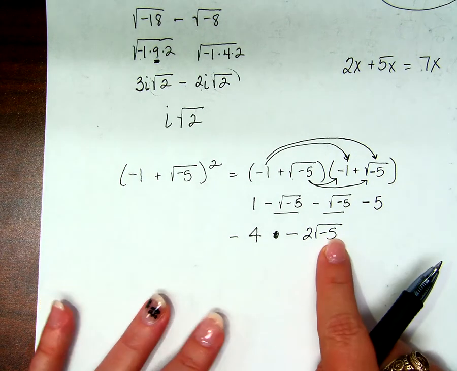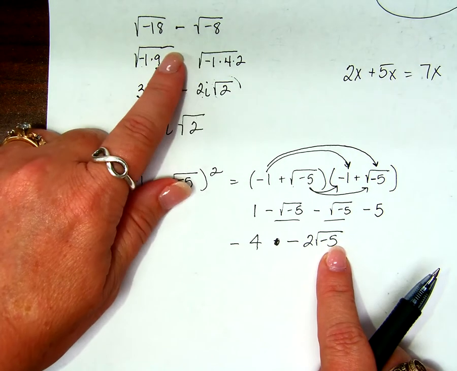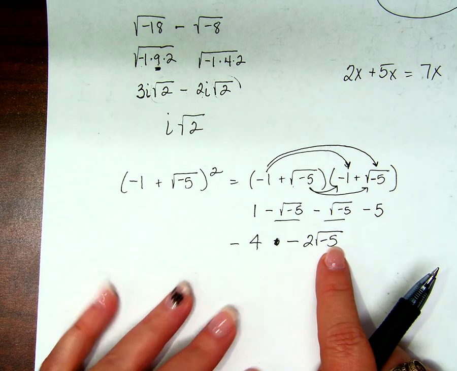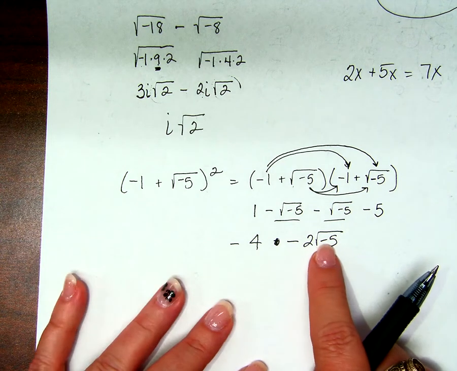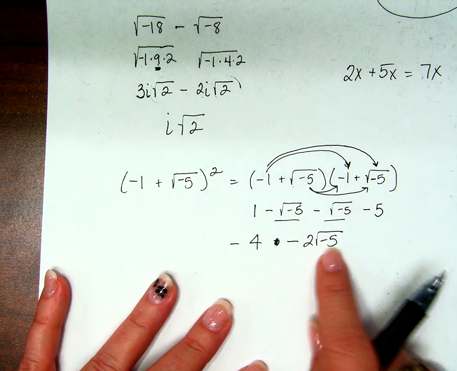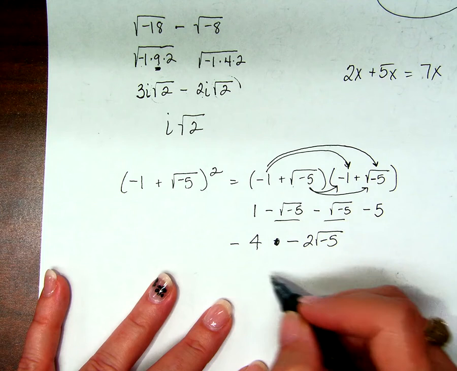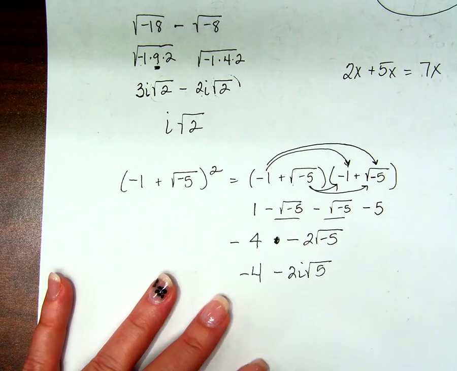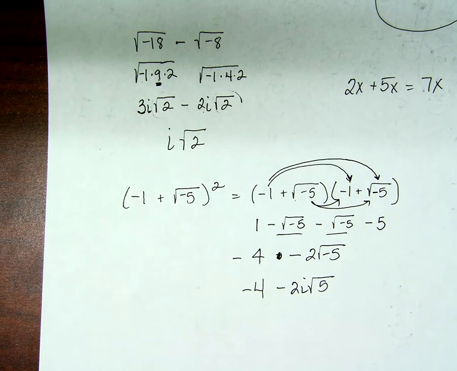Can I simplify it like I did the 8 and the 18 up here? Not really, right? There's no root of 5 that I know, but I do know for sure the negative 1, don't I? Okay, so what's the square root of negative 1? So just like that. And then I'm done.